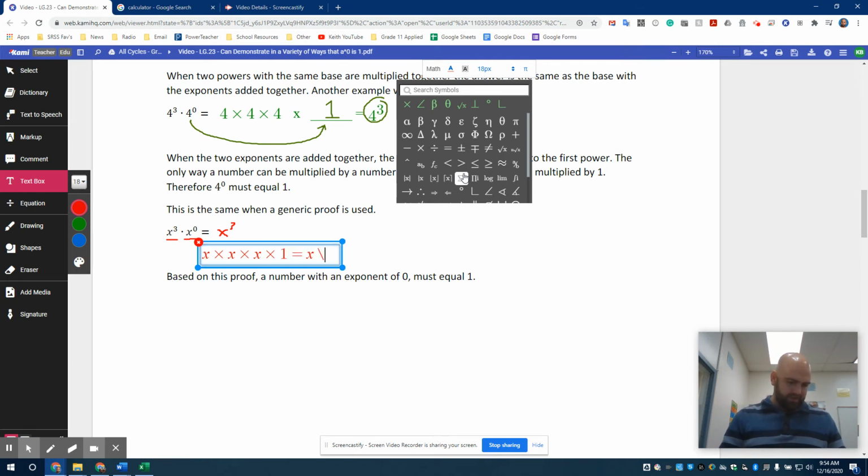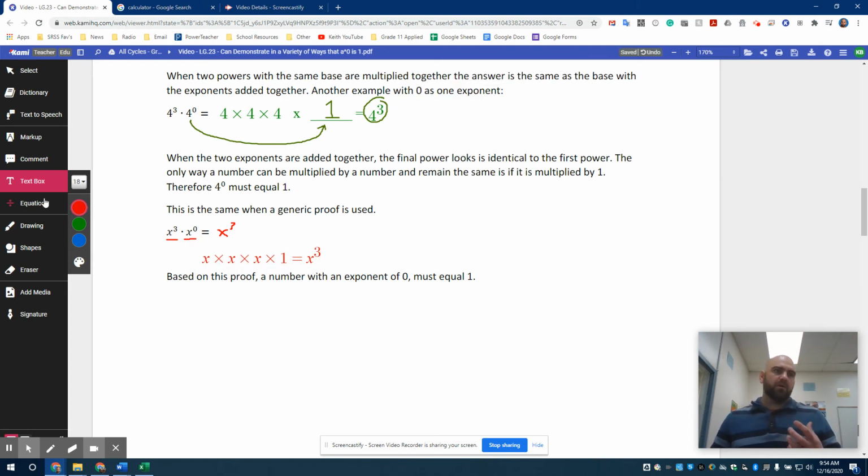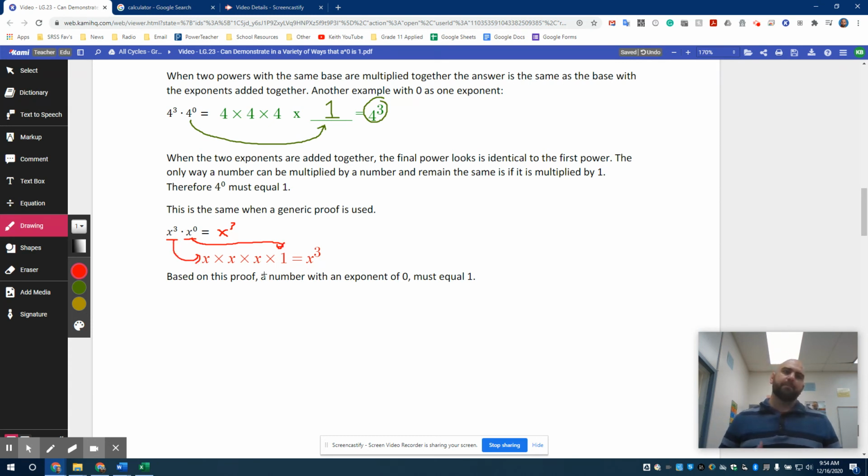And again, this is going to equal x to the power of 3. Therefore, we know that this has to equal x to the power of 3. We already have 3 x's, so our remainder there has to be 1. So this has to be 1, and this is going to be the rest of our x's. Therefore, based on this proof, any number with an exponent 0 must equal 1.